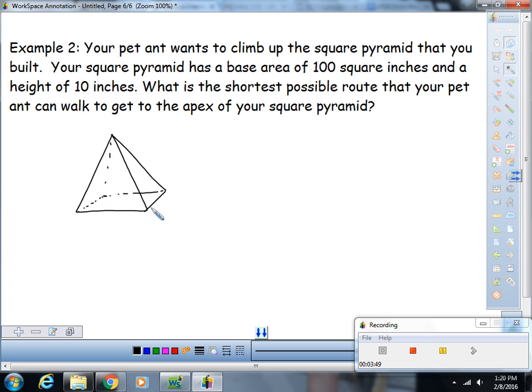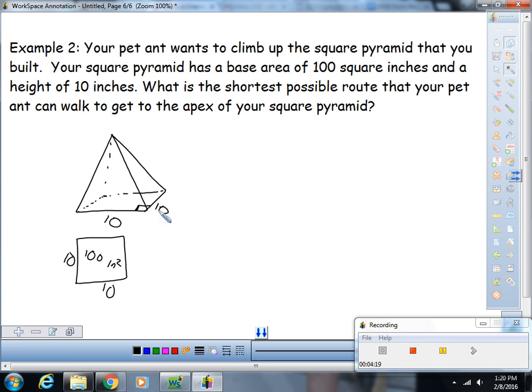A square pyramid has a base that's a square. If I drew an aerial version, if this area is 100 square inches, what does that tell us about the side lengths of our square? Good. They're each 10.